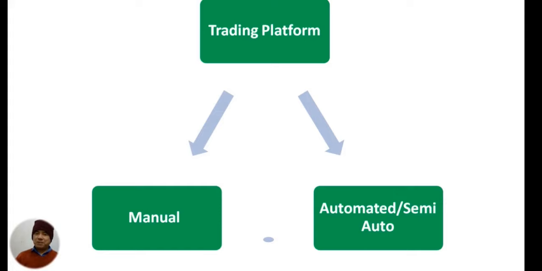However, if you are interested in automated trading or semi-automated trading, and you want to use advanced tools for your analysis, then definitely, guys, you need to consider which trading platform you will be working on, because the trading platform is the one you will be putting a good amount of time into, right? So choose accordingly.